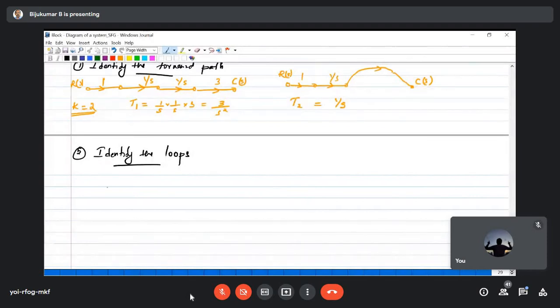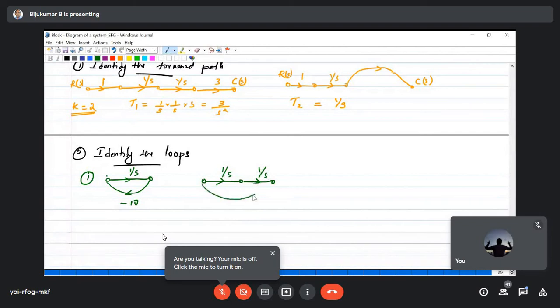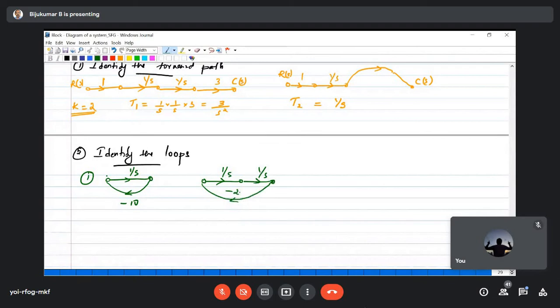I will draw them. This one is minus 2, because it is starting from this node and it is coming back to the same node. So this is one of the loops, and one more loop we have, one for this, one for this. The feedback gain is minus 10. So this is the second.